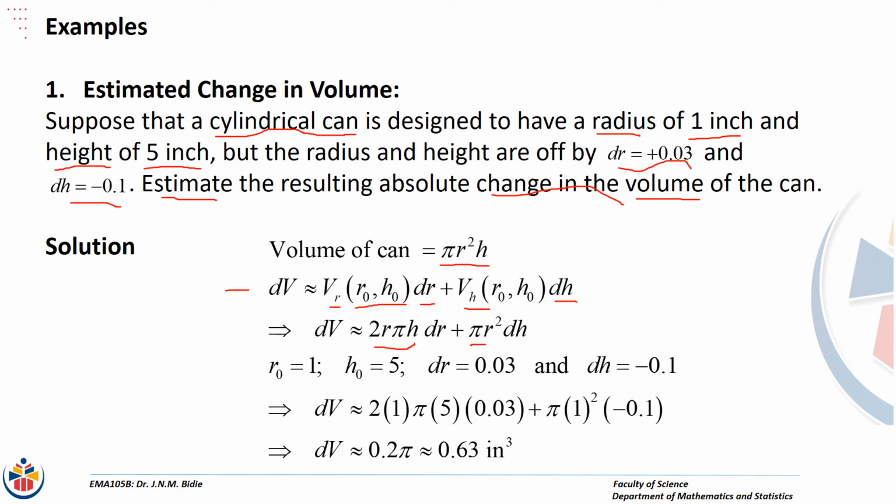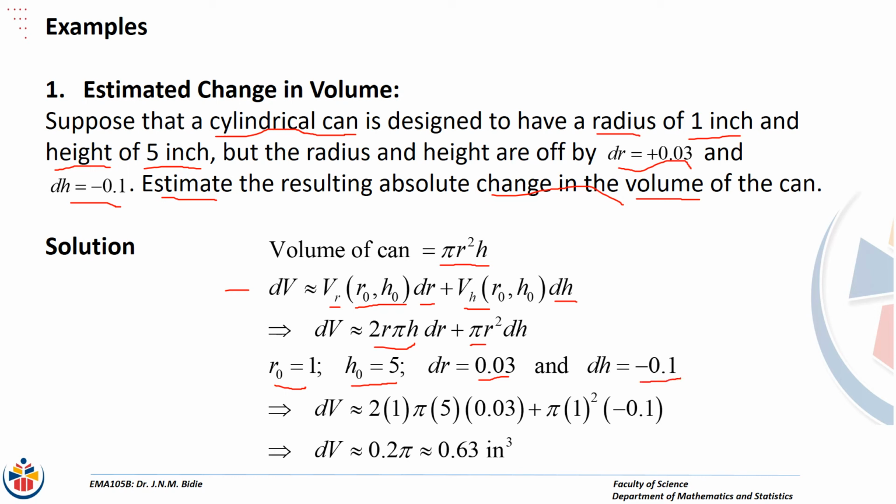And then we remember, what are the initial values that were given to us? R naught, the initial radius that we're supposed to use, is 1 inch. We write it as R naught is 1, H naught is 5. dr, we know it's positive 0.03. dH, we know is negative 0.1.